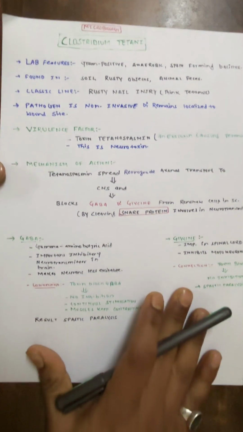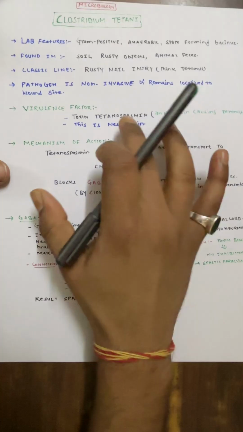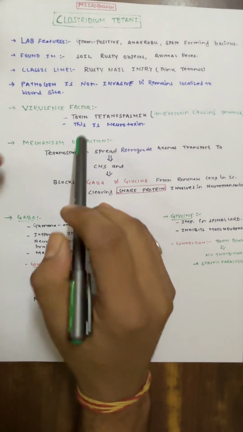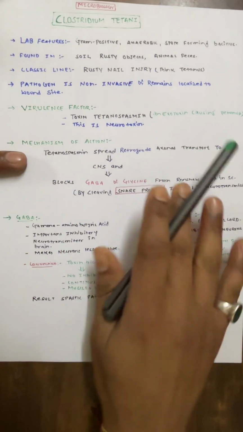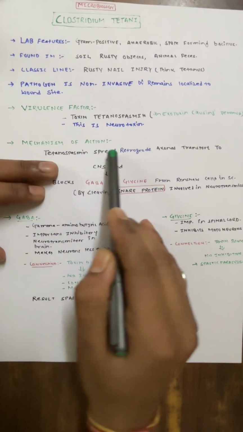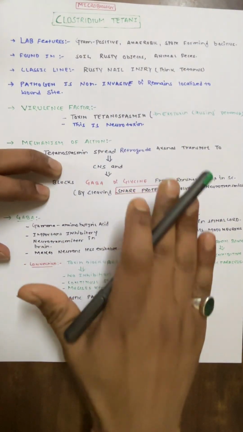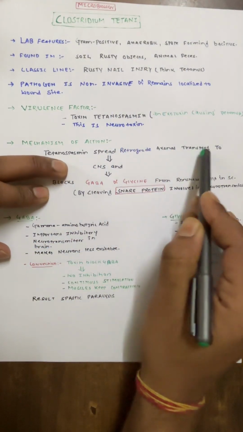Now let's talk about the mechanism of action of this tetanospasmin. The tetanospasmin spreads retrograde, meaning in the backward flow, by retrograde axonal transport.